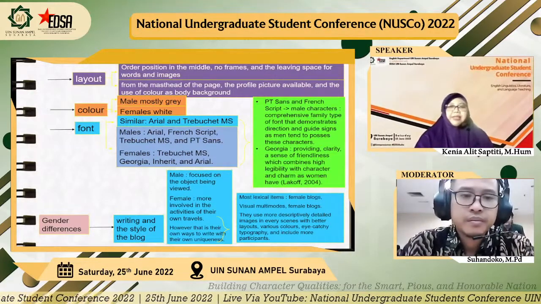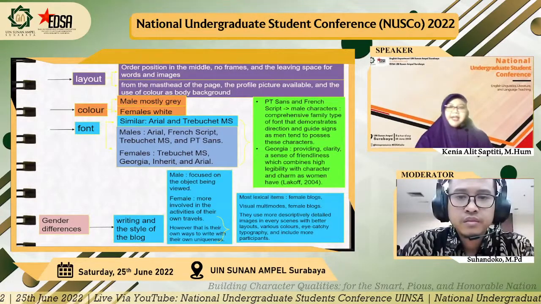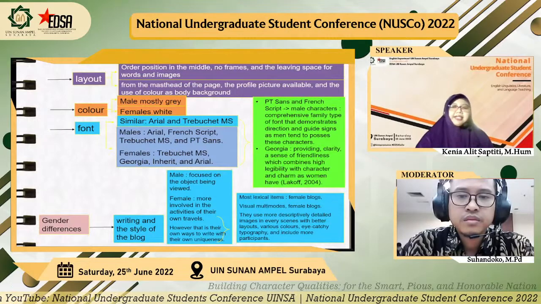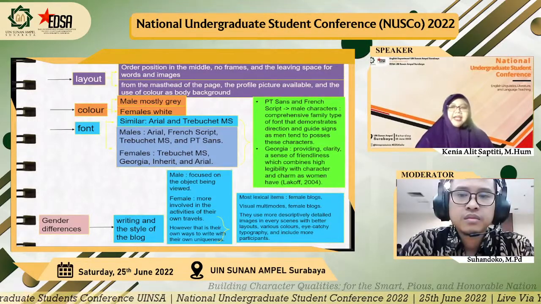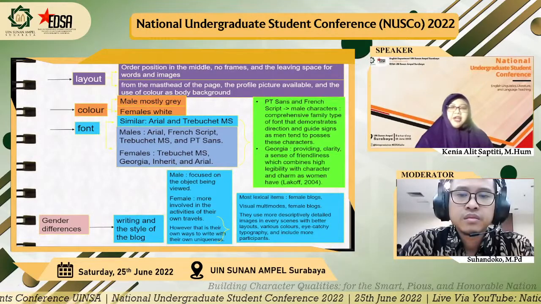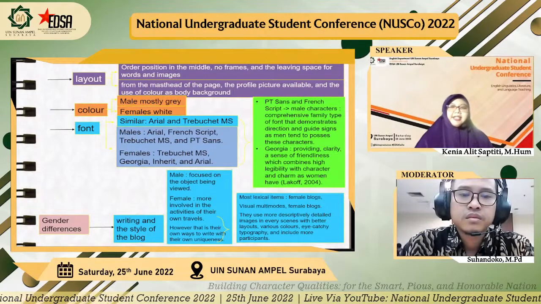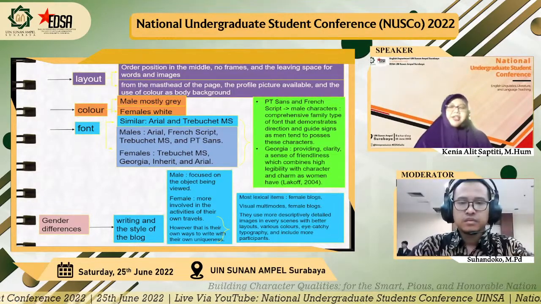Now, from the PT Sans and French Script, we can see the male characters as someone who is comprehensive in terms of family. So from the type of the font, we can see the demonstration of the direction, the guiding sign, as men tend to possess these characters.